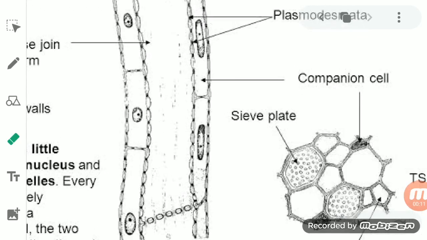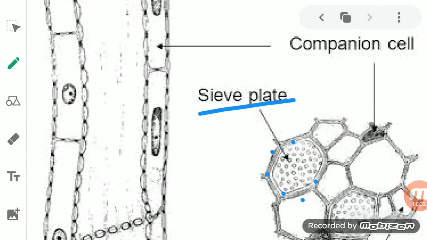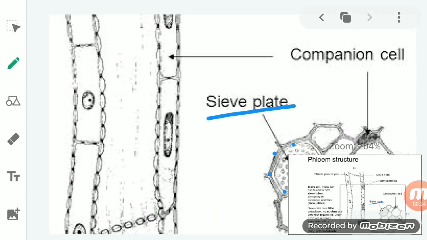Sieve tube is present in it. These sieve tubes consist of the sieve plate also. You know that the sieve plate is present in the sieve tube, which is a perforated plate. So sieve tubes are joined together and there are perforated plates, that is the sieve plates, which are present all over.